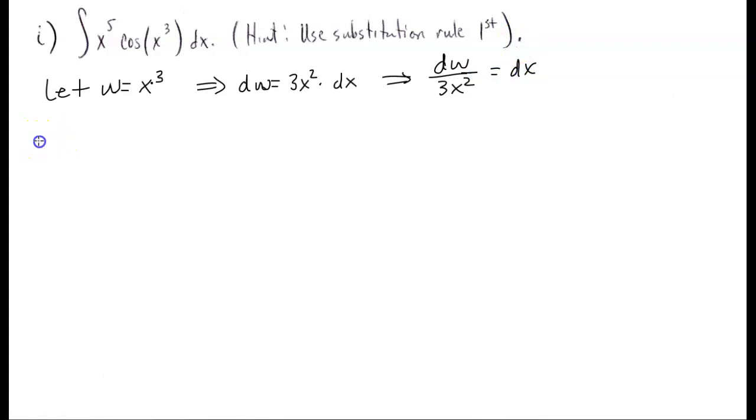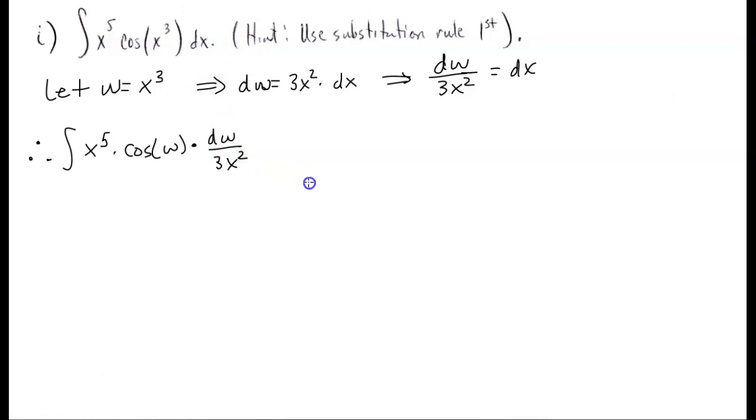So if we go and substitute what we need to here, we'll have x raised to the 5 times cosine of w, and in place of dx, we're going to have dw over 3x squared.